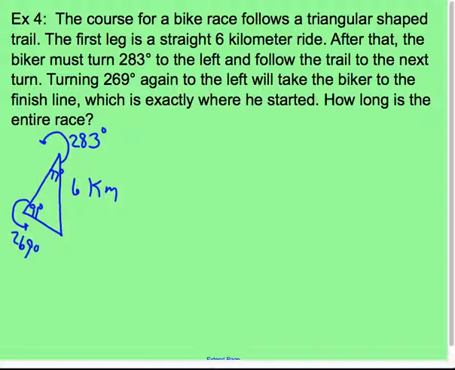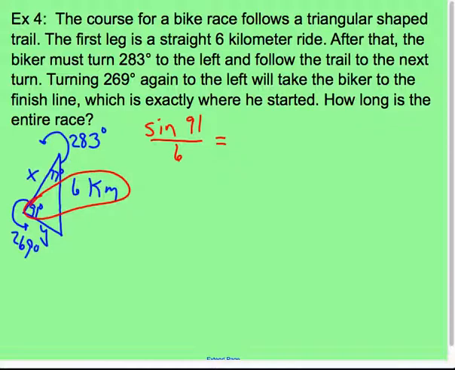So what we need to do in order to answer the length of the entire race is to find the two missing sides. So we'll just call these sides X and Y. So the first thing that I do using law of sines is find those angle side pairs that are opposite one another. So I've got my 91 degree angle opposite my 6-kilometer side. So I've got the sine of 91 over 6 equals, and I can choose to solve for X or Y first.